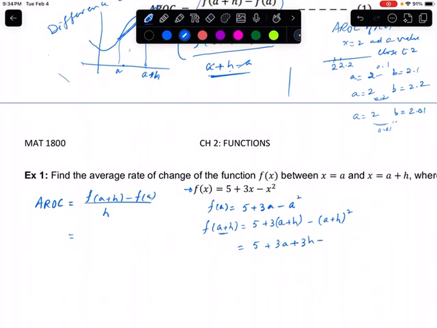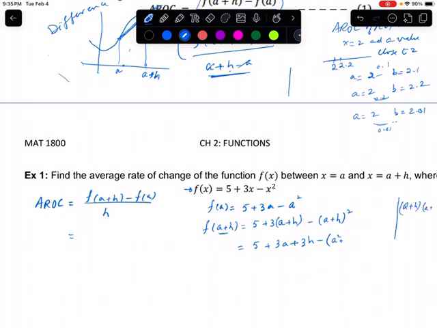Now what do I get here? If you have the formula memorized, you can just write it. But remember there is a negative sign, so you have to distribute the negative sign. If you cannot do it in your head, then keep the parentheses and expand this. And how do you expand this? Remember, it is not going to be a squared plus h squared. That will be wrong, okay? You have to go on a side or take a paper, and multiply a plus h and a plus h.